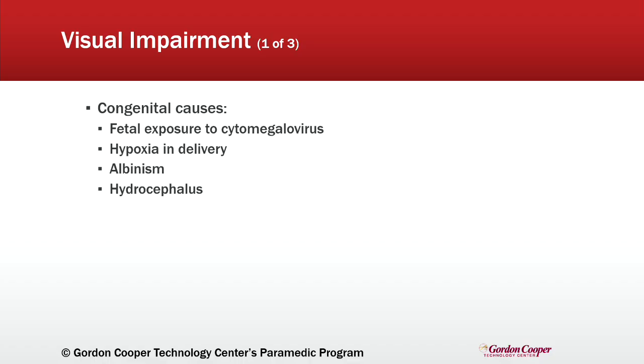Albinism may result in reduced visual acuity from birth. Hydrocephalus can affect the optic nerve pathways and cause visual impairment. Increased or long-term high flow use of 100% oxygen in the neonate can cause problems. This has been long recognized.